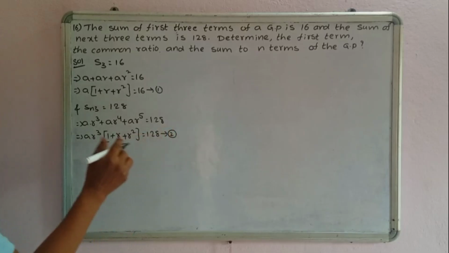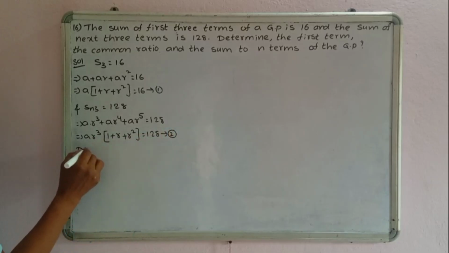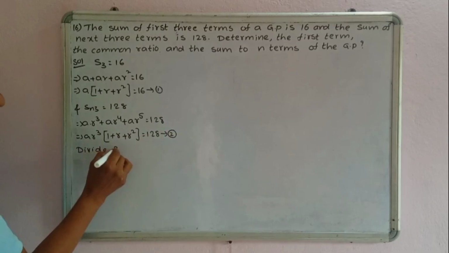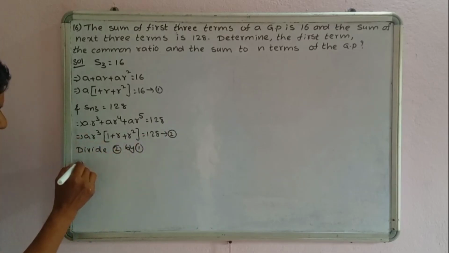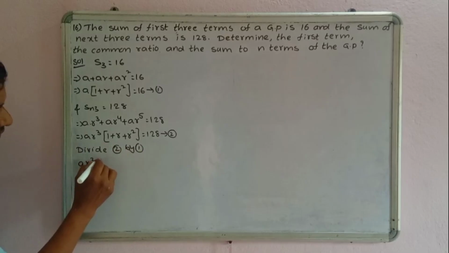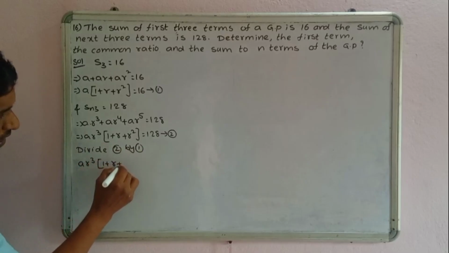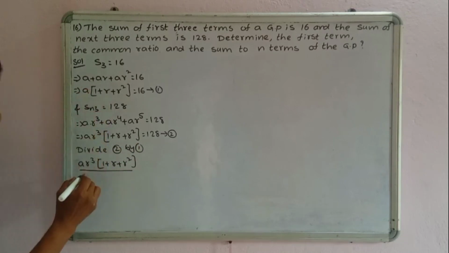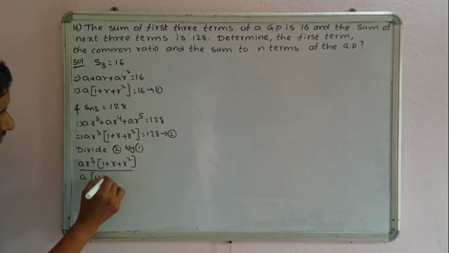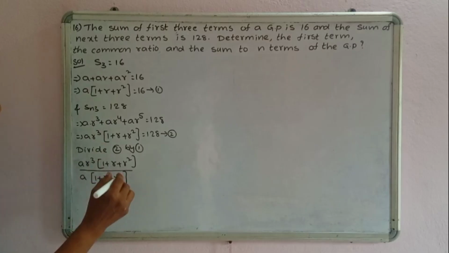Say it is equation 2. Divide 2 by 1. Equation 2 is ar cube into (1 plus r square), and equation 1 is a into (1 plus r square).